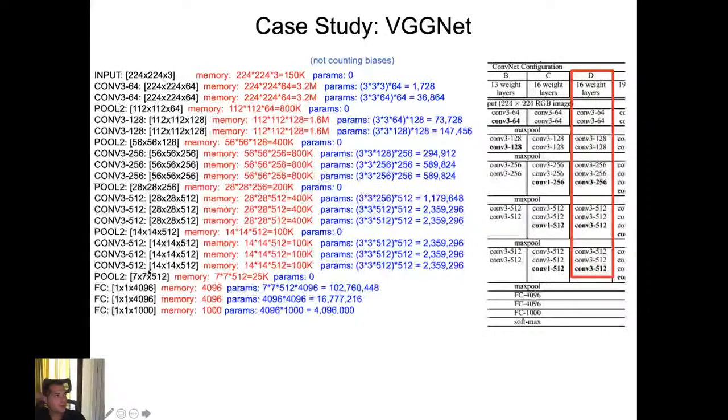When the filter has the same size as the activation map and you apply the filter only once, this is called global average pooling. If you do this, then you have 512 by 4000 parameters. So you reduce the total number of parameters by 50. Instead of 100 million parameters, you will have about 2 million parameters here.